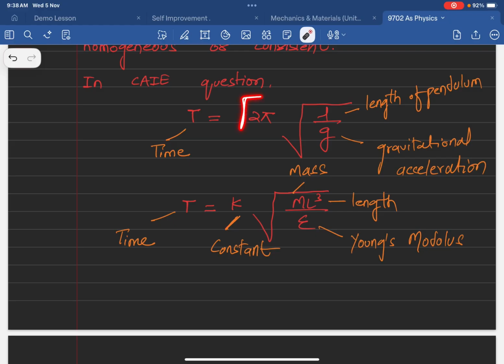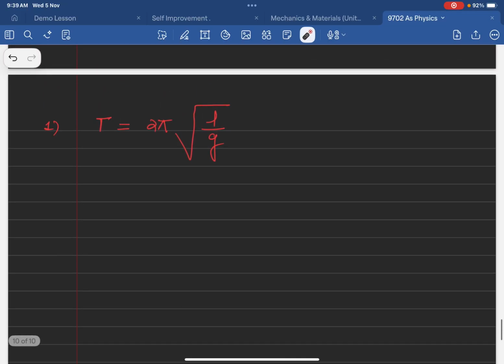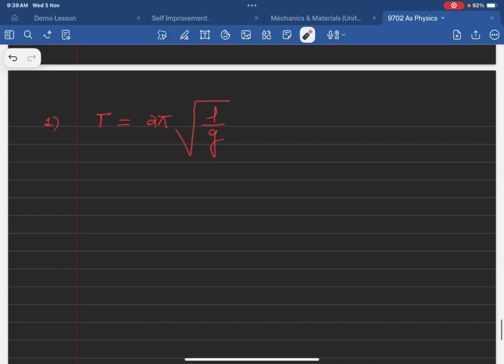But if simply a number is there, we are very clear that this number is not going to be involved in our analysis. In this kind of equation, we are not going to neglect the constant where it is named, but where the number is clearly written, we are going to neglect it. And here, we are going to check it. So now, T is equal to 2 pi under root L over G.